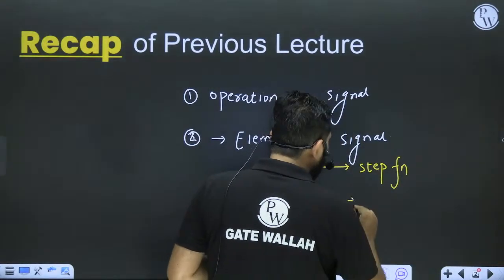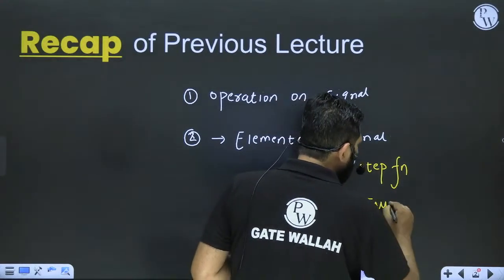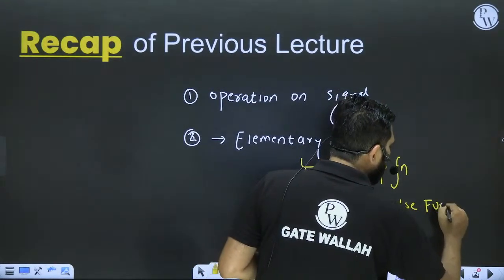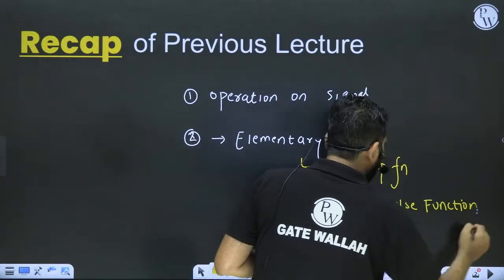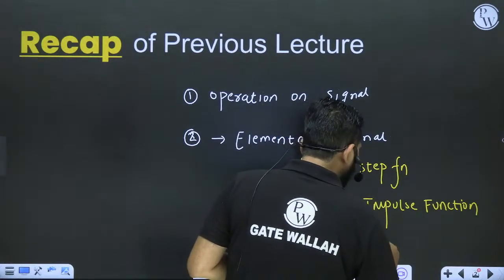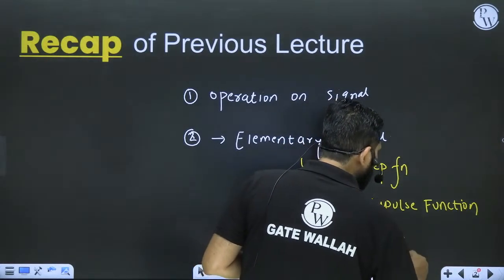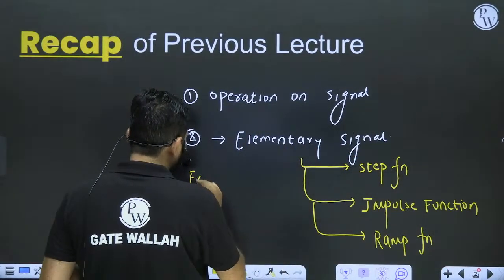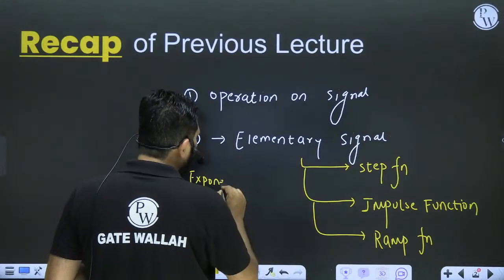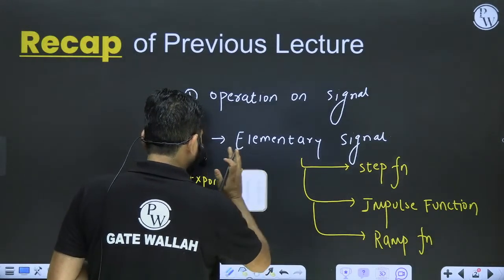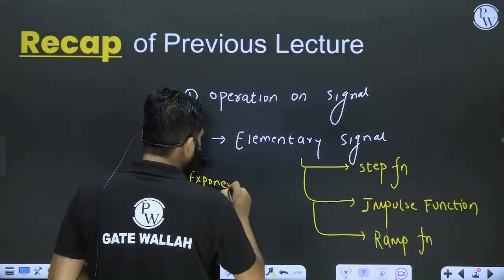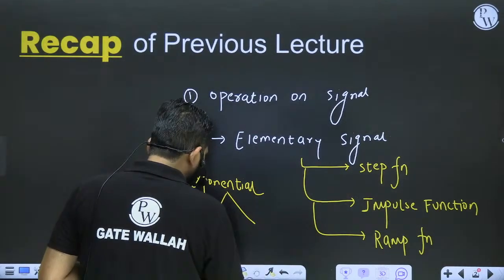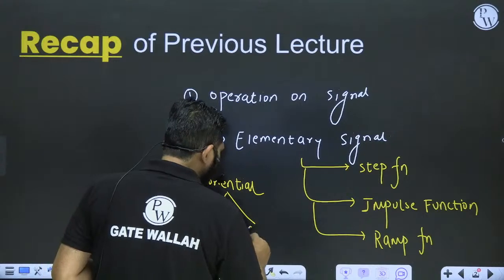Then we have the impulse function, then we will cover the ramp function, and then the exponentials, in which we will cover real exponential and complex exponential.